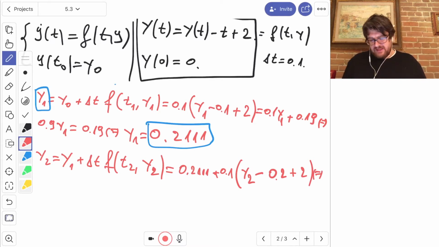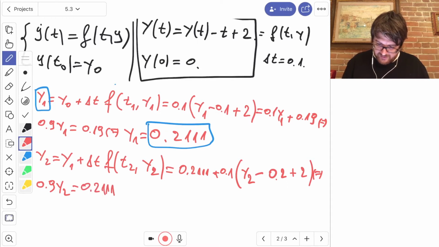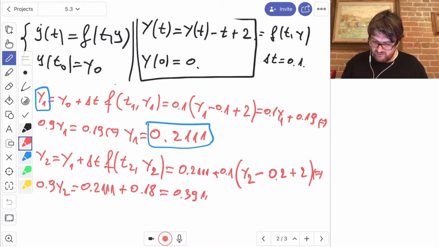So I can already move y2 to the other side. 0.9 y2 equals 0.2111 plus 0.18 equals 0.3911, which means that y2 is going to be equal to this divided by 0.9, 0.4346.